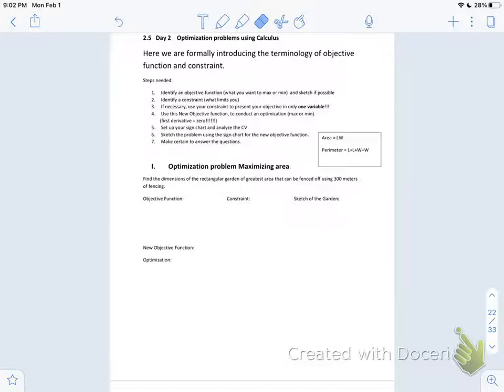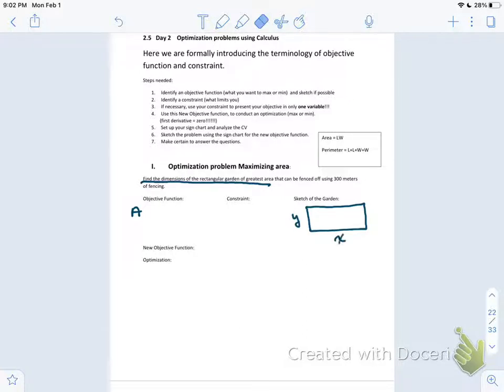Find the dimensions of the rectangular garden of greatest area that can be fenced off using 300 meters of fencing. So find what? The rectangular garden of greatest area. So we need area, and if I was to sketch it, it's a rectangle of greatest area. I'm going to make this my y and this my x.